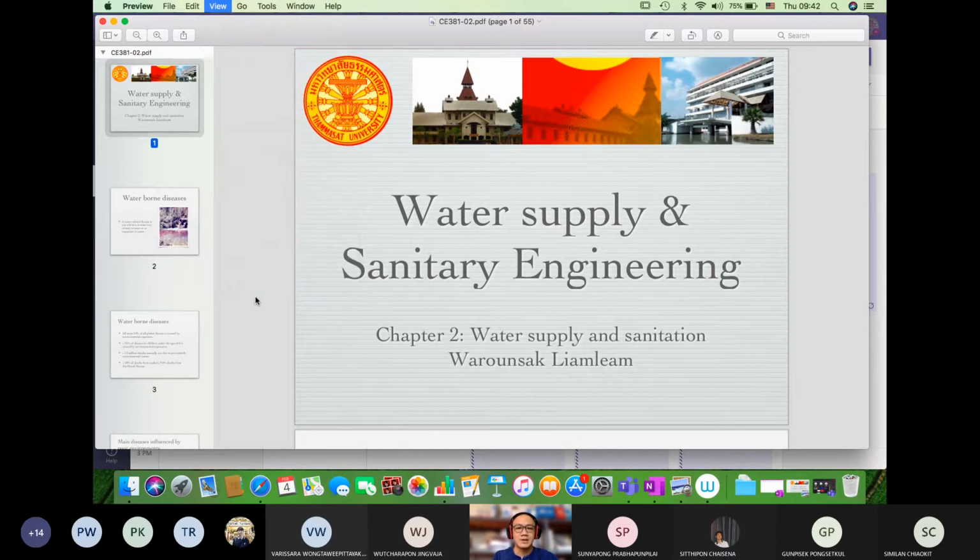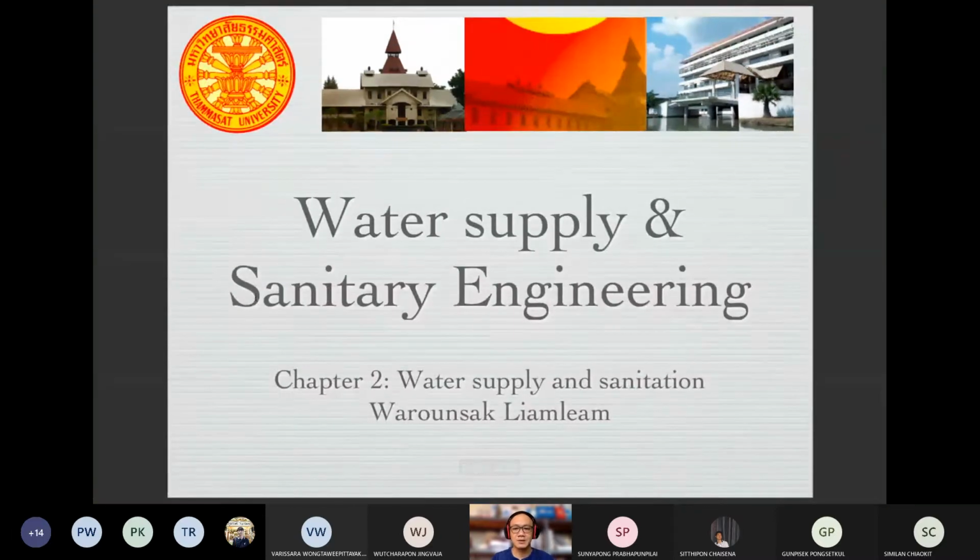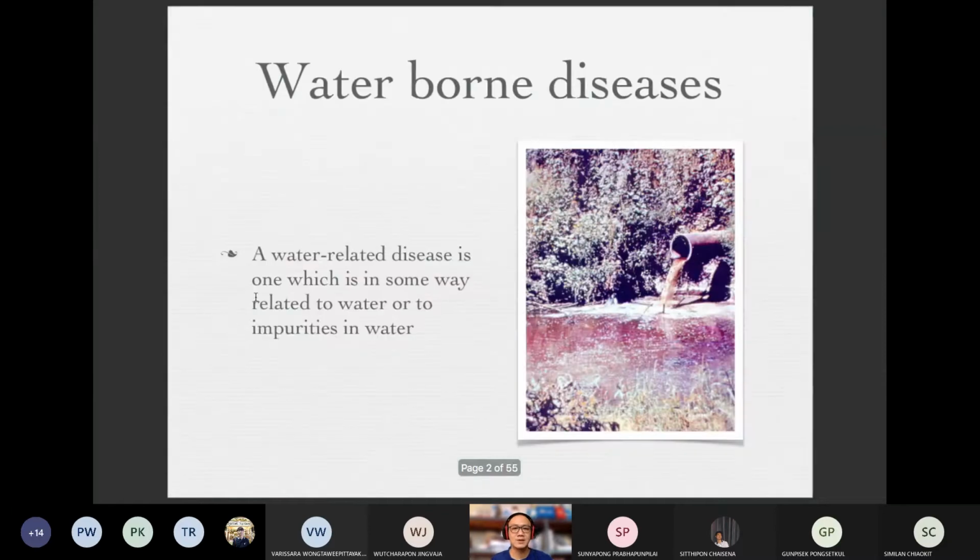For the second chapter, the title is water supply and sanitation. The second chapter begins with the aspects relevant to waterborne disease. As we know, we have to remove all the contaminants or pollutants from the water to produce drinking water because we're concerned about the consumers' health.